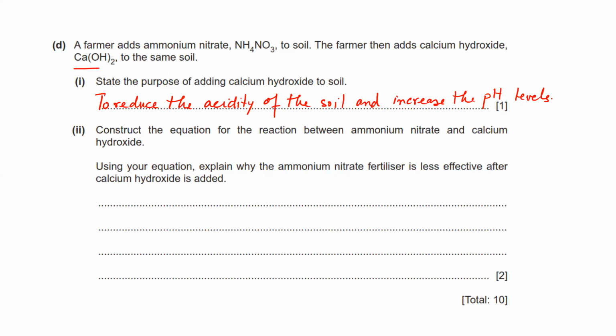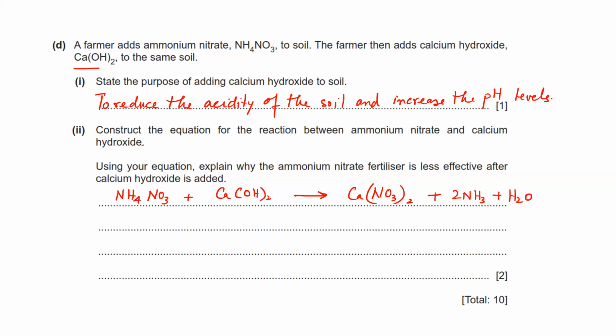Then it says construct the equation for the reaction between ammonium nitrate and calcium hydroxide. So ammonium nitrate NH4NO3 plus Ca(OH)2 becomes calcium nitrate Ca(NO3)2 plus ammonia plus water.